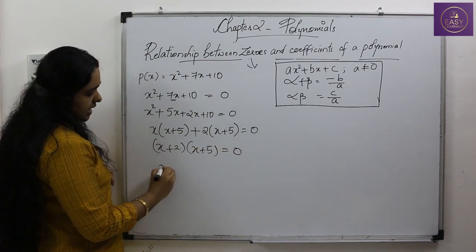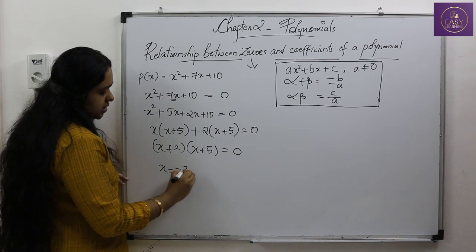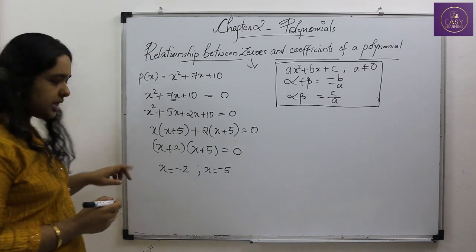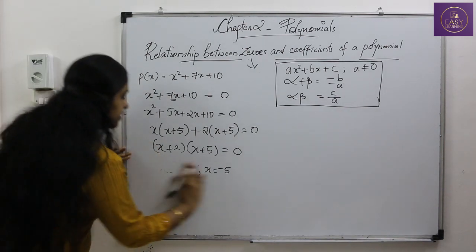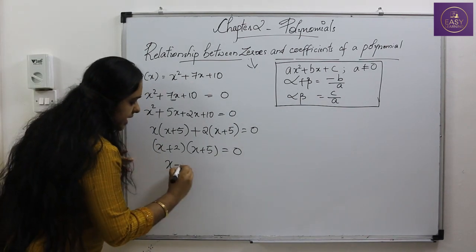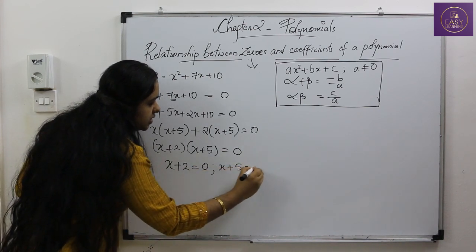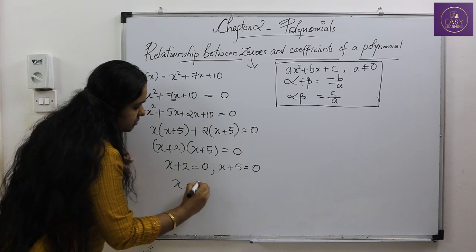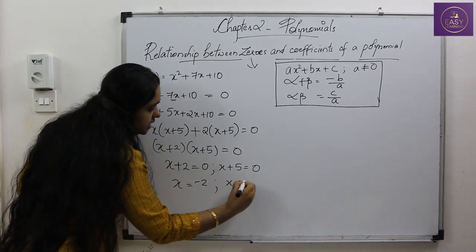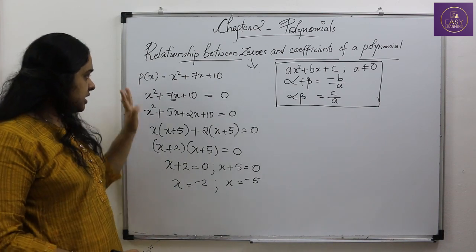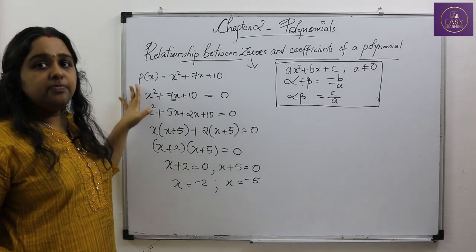That means x plus 2 equals 0 and x plus 5 equals 0, so x equals minus 2, x equals minus 5. These are the two values of x at which this polynomial p of x will become 0.